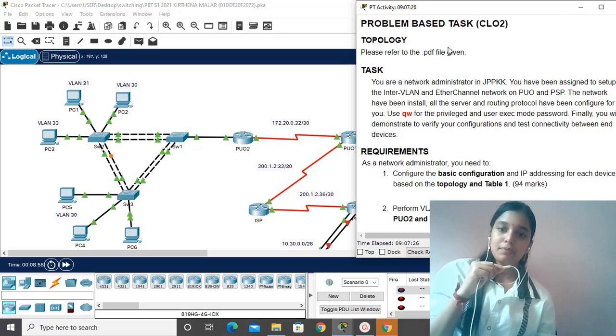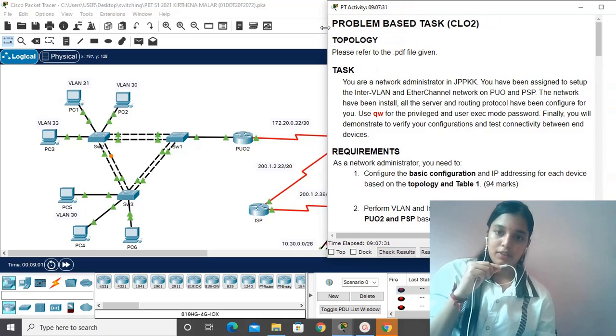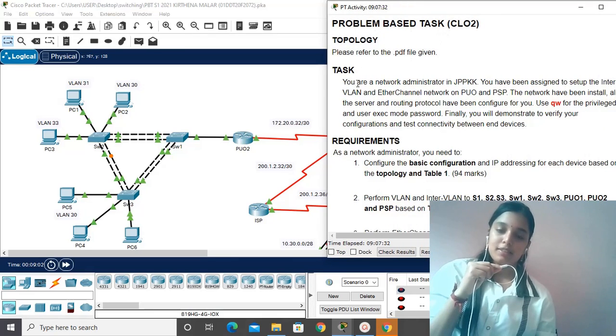This is the instruction that is given. Problem based task. You are a network administrator in JPKK. You have been assigned to set up the inter-WLAN and inter-channel network on PO and ISP.